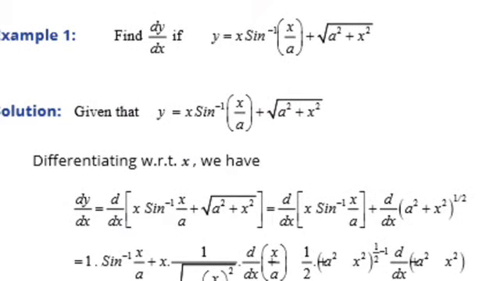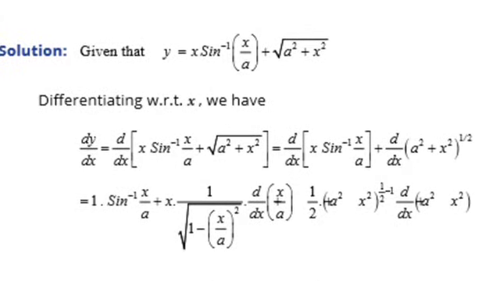So here we have an example: y is equal to x sine inverse x over a plus the square root of a square plus x square. In the first factor we apply the product rule, and in the second we apply the power rule. Now we take d by dx of x sine inverse x over a plus the square root of a square plus x square.